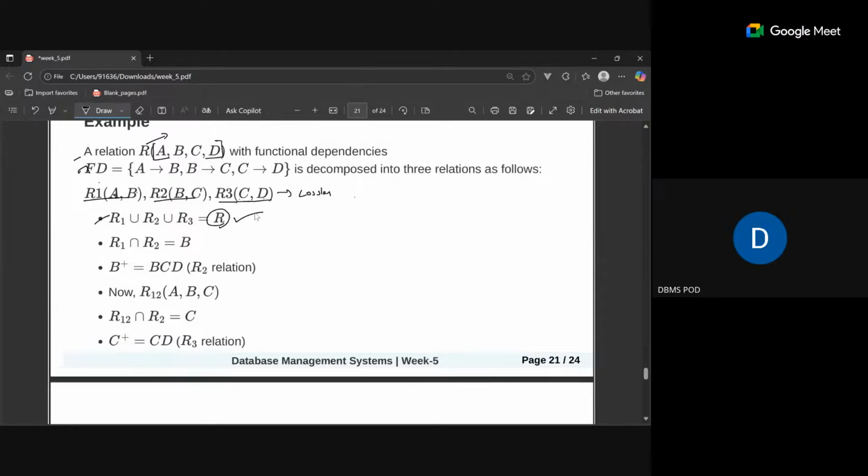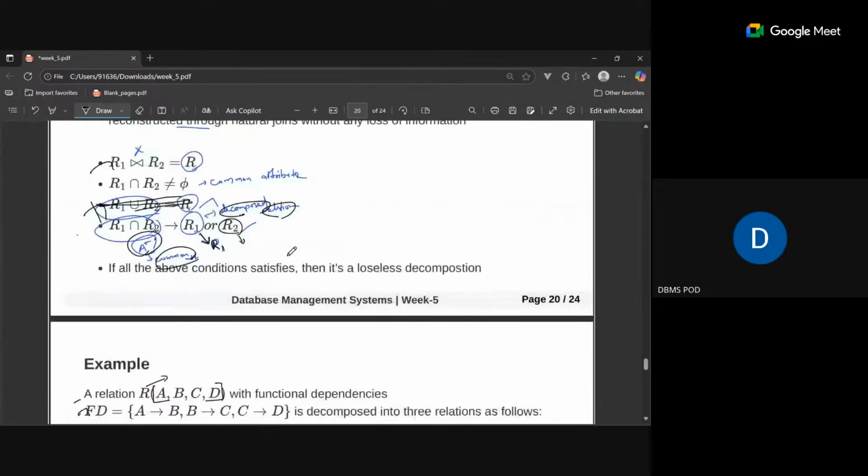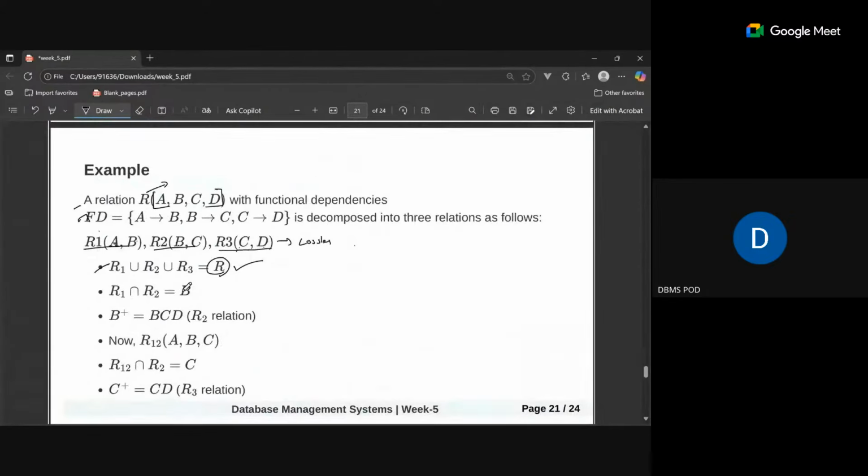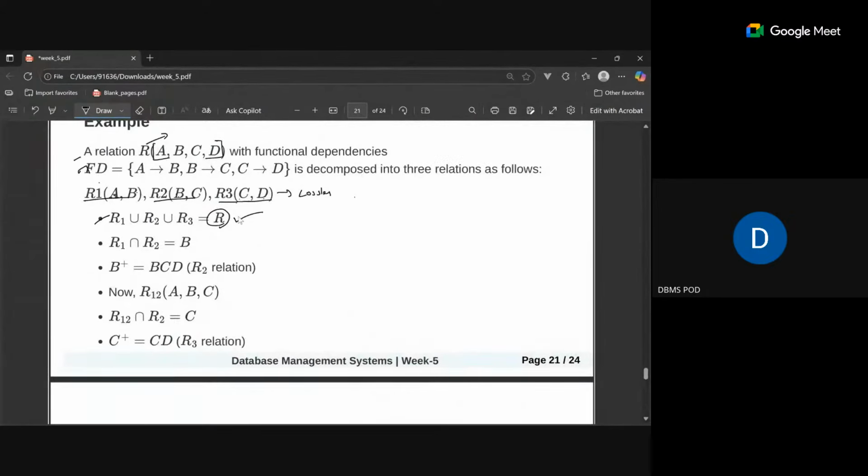Natural join could be helpful if you split it into only two tables, or whenever you join some tables. You can ignore this if you don't want to remember it. I'll tell you where it would be helpful. So by looking at this, the first condition is satisfied.